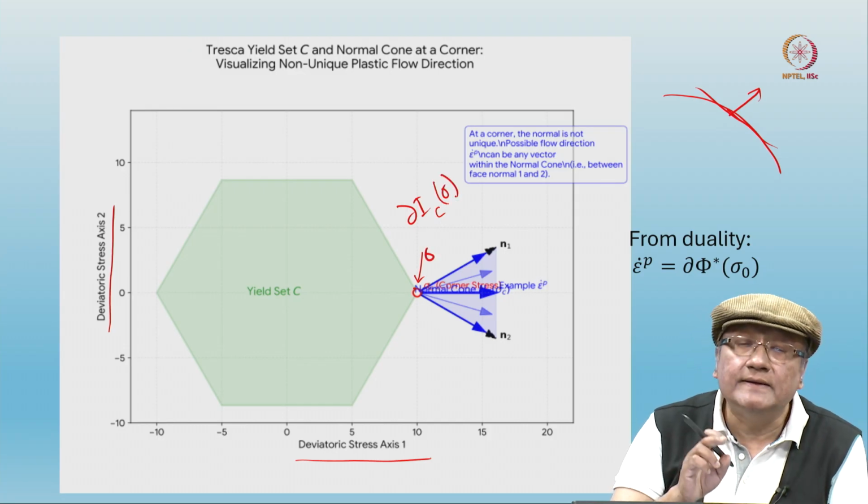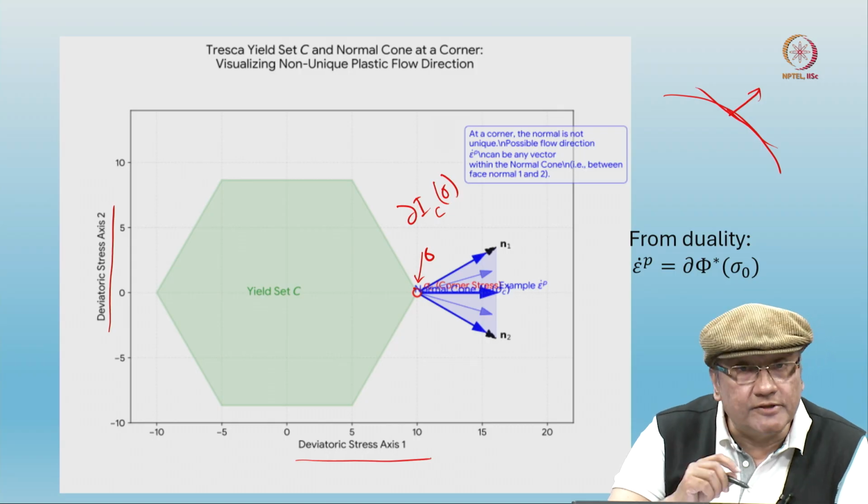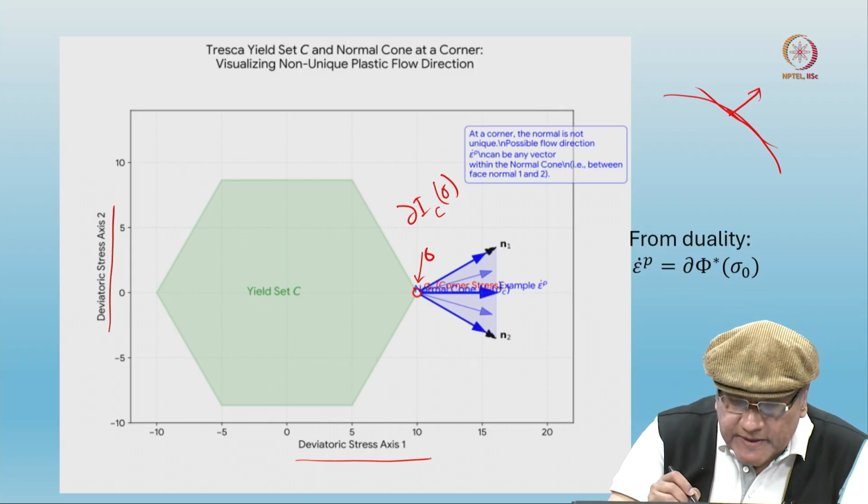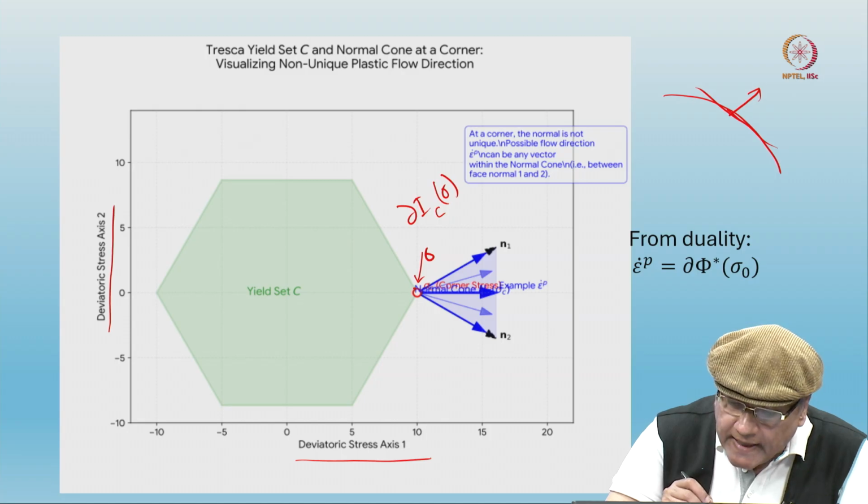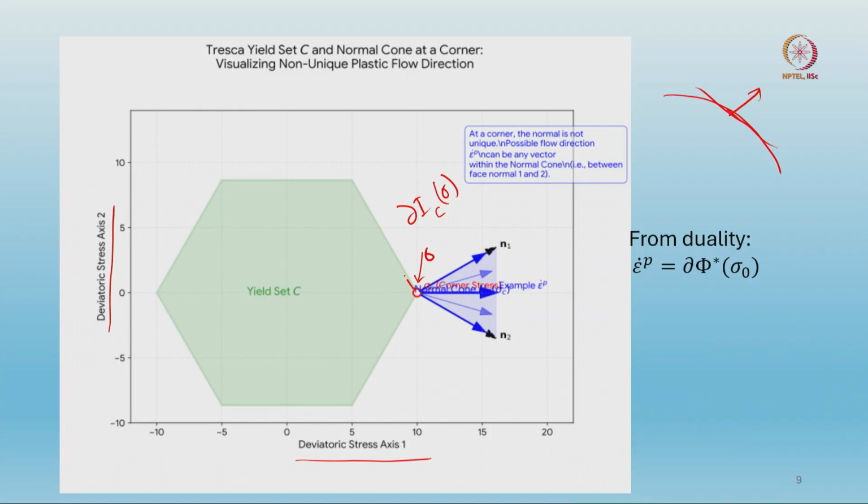At this point, find the subdifferential, and that turns out to be this particular set. Draw a line which is normal to this face first, that is N1. Draw another normal to this face, that is N2, and on this face it is N1. In between, including N1 and N2, all are possible valid directions for the plastic strain rate.